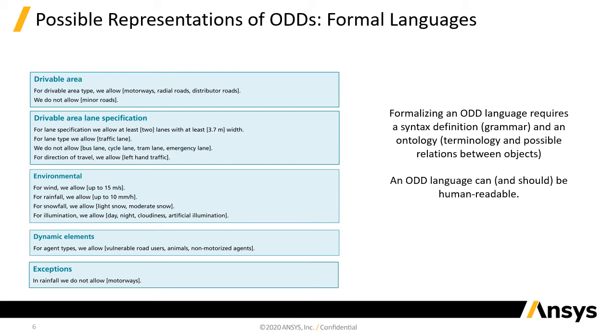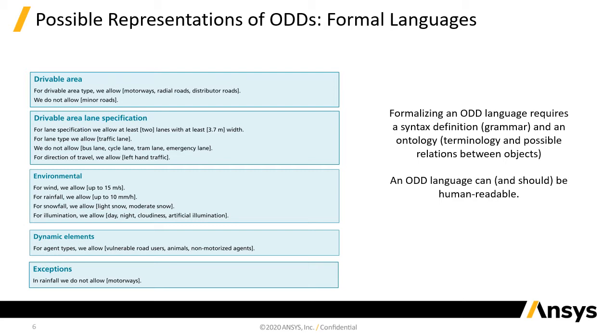Formalizing an ODD, of course, requires syntax definition. You see here to the left, it's rather an informal language. So we probably need in the future more formal languages with a syntax definition, perhaps given in a Backus-Naur form, based on an ontology. Ontology is, first of all, the terminology, the allowed words, but also how the things can be related.